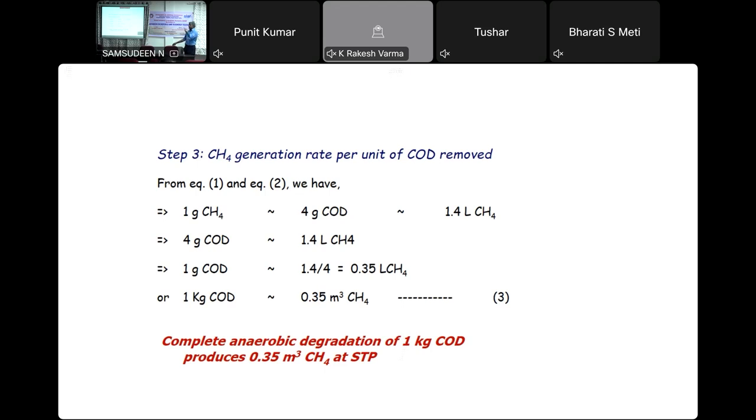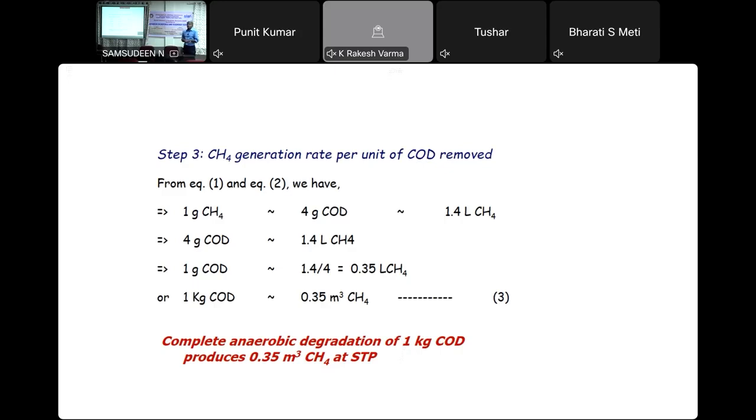So when you have 4 gram of COD, you have 1.4 liter of methane, and 1 gram of COD equals 1.4 divided by 4, which equals 0.35 liter of methane gas. So 1 kilogram of COD equals 0.35 cubic meter of methane gas. So complete anaerobic degradation of 1 kilogram of COD will produce 0.35 cubic meter of methane at STP, standard temperature and pressure.